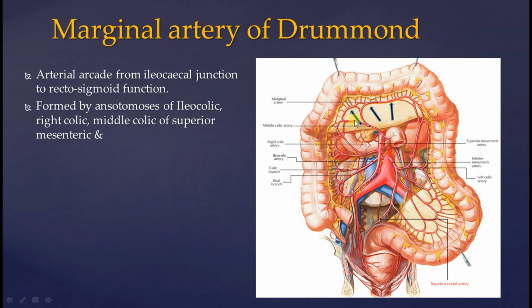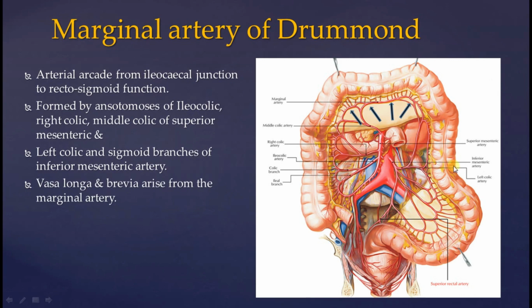Okay, that is the marginal artery of Drummond. Throughout you can see that the blood supply is not interrupted. So it is formed by the anastomosis of ileocolic, right colic, middle colic, left colic, highest sigmoidal and superior rectal arteries.